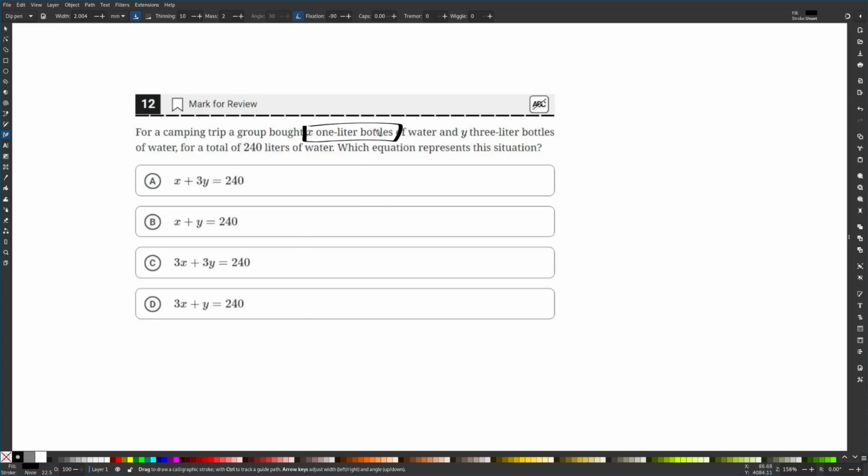So the number of liters is just x. For y, if you have 2 3-liter bottles, that's 6 liters. If you have 3 3-liter bottles, that's 9 liters. So you multiply by 3. So you'd have x plus 3y is equal to the total number of liters, which is 240. So that matches answer choice A. Next one.